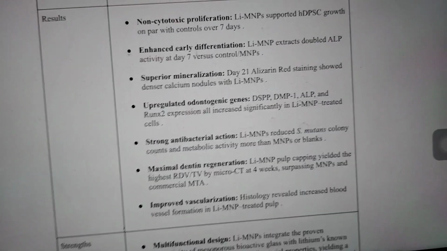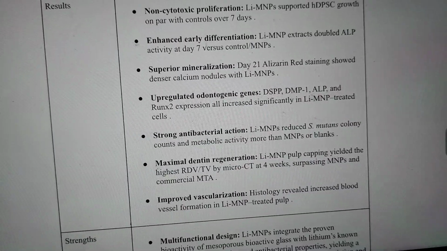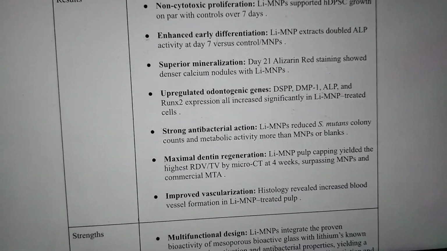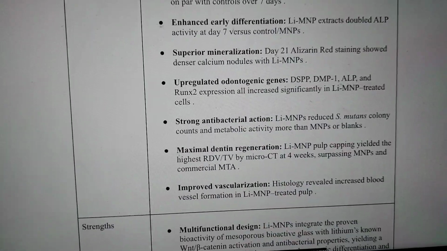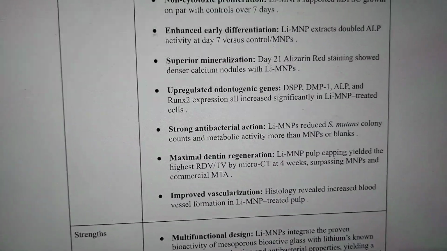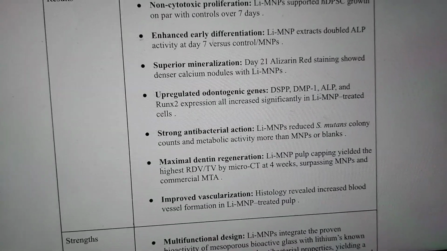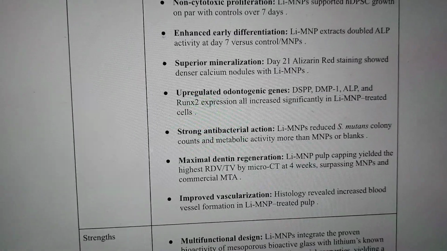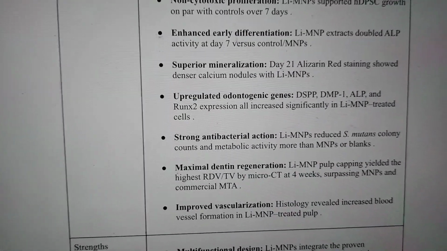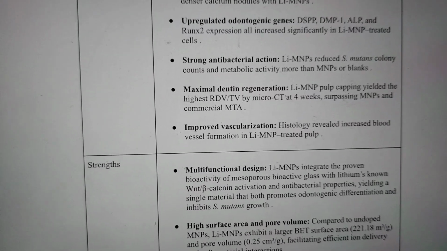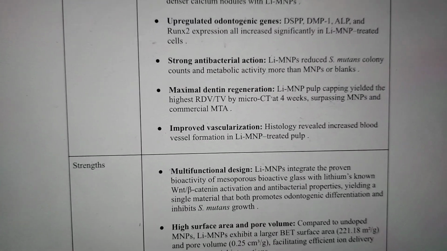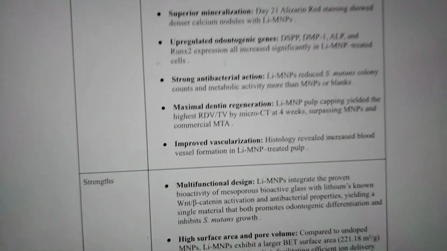Maximal dentine regeneration: LI-NMP pulp capping yielded the highest RDV/TV by micro-CT at 4 weeks, surpassing NMPs and commercial MTA. Improved vascularization was shown via histological procedures that revealed increased blood vessel formation.